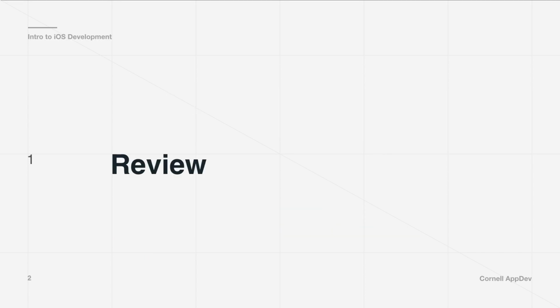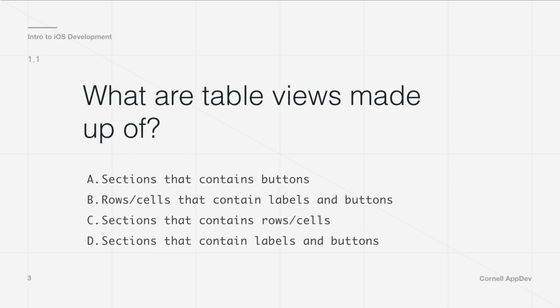Okay, so just some review. Can someone tell me what table views are made up of? Anyone have any ideas?